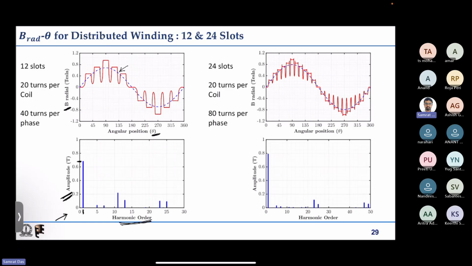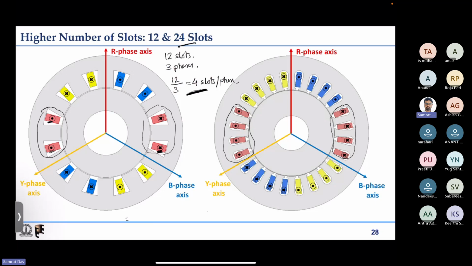The left hand side two plots are for the 12 slot case, and the right hand side two plots are for the 24 slot case. Whatever dip you see in the flux density distribution is because of the presence of slots in between.